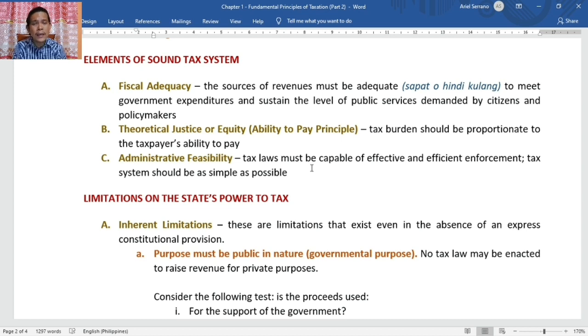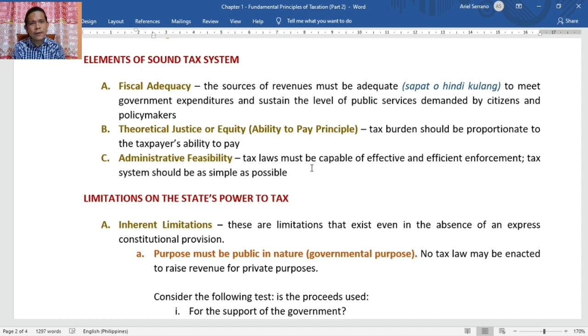Pero dapat simple, hindi dapat komplikado. Kasi kapag komplikado, maraming pwedeng mangyari and it can be subject to different interpretations. So these are the elements of a sound tax system. Once again, fiscal adequacy, theoretical justice, and third, administrative feasibility.